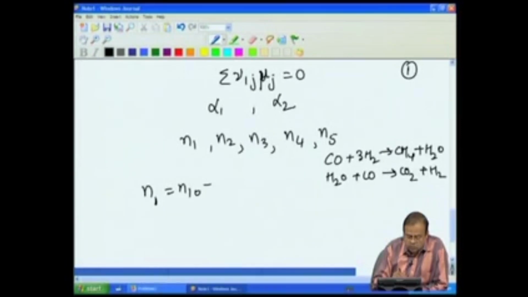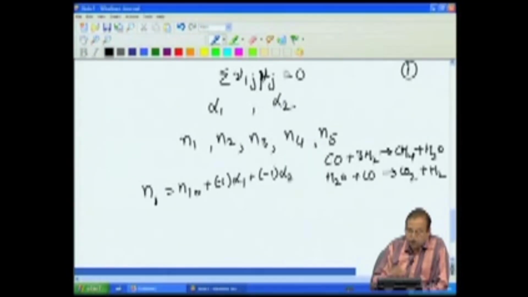plus the stoichiometric coefficient in the first reaction times the extent of the first reaction. So, minus 1 times alpha 1 plus the stoichiometric coefficient of the second reaction into its extent. What general formula did we use?